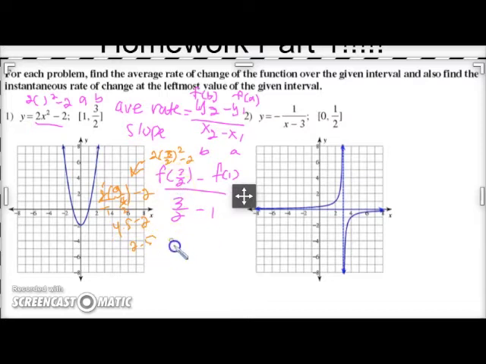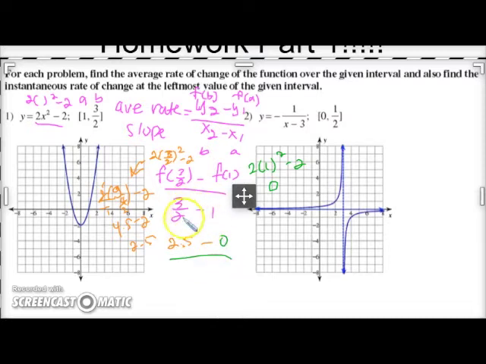So here you're going to get 2.5 minus, when I plug in 1, I'm going to get 2 times 1 squared minus 2. 1 squared is 1. 2 times 1 is 2. 2 minus 2 is 0. So f of 1 is actually 0.